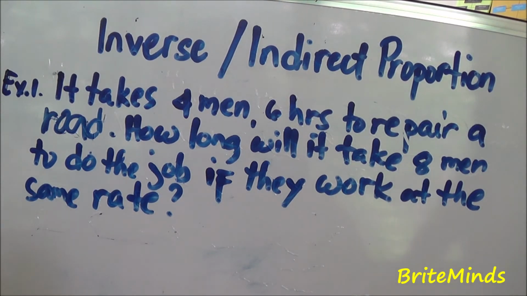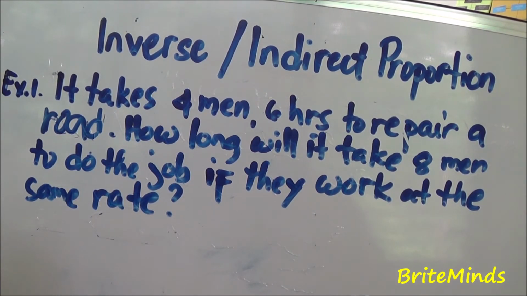We can see here when one value increases, the other value decreases. The one variable is the number of men, and the other variable is the number of hours. So more men, less hours to do the job.